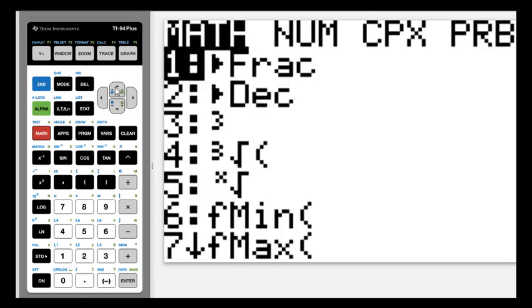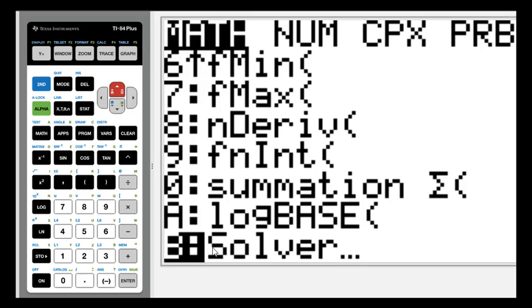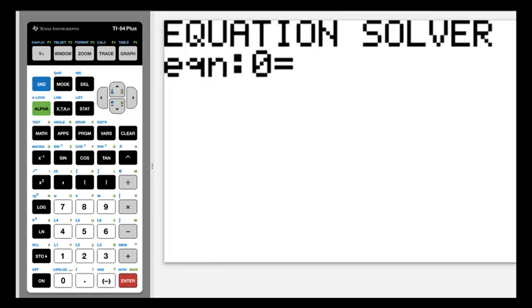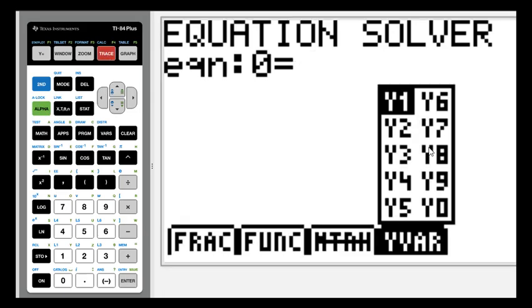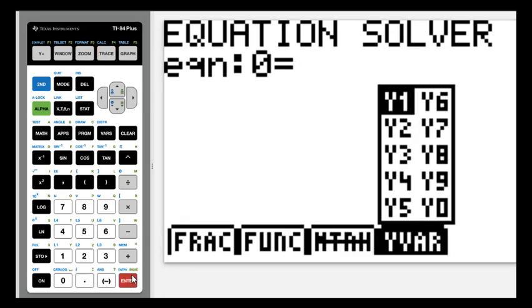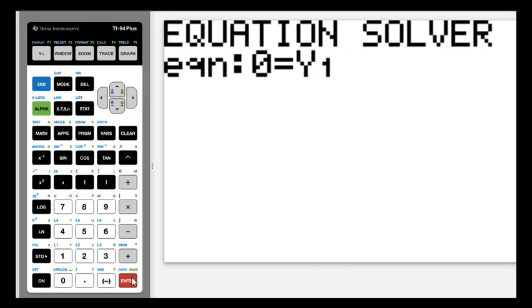Math, use this upper arrow to get the solver, enter. Then we will put y1 here. y1 is alpha trace, you will get y1. Then enter.